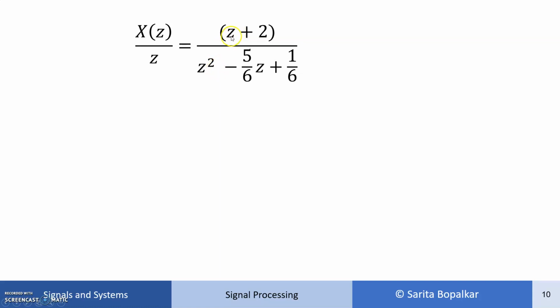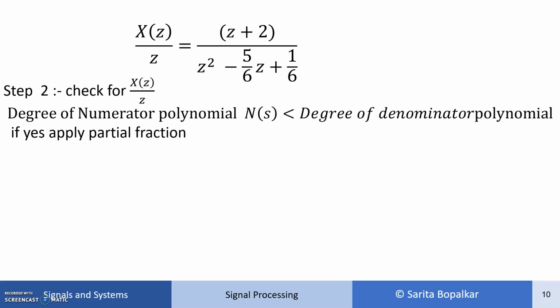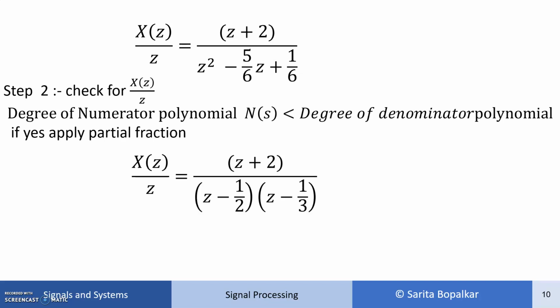Here the highest degree is 1 in the numerator and 2 in the denominator, so the numerator degree is less than the denominator degree. So we can apply partial fraction here. If it is not, you have to perform long division and then apply partial fraction.